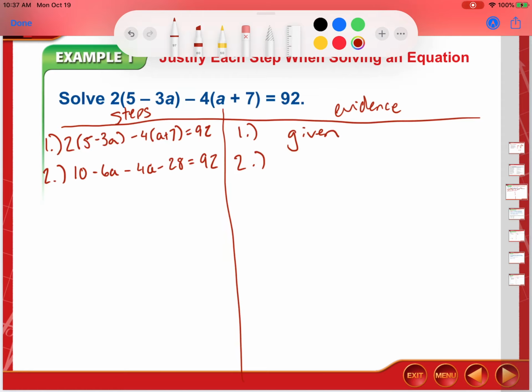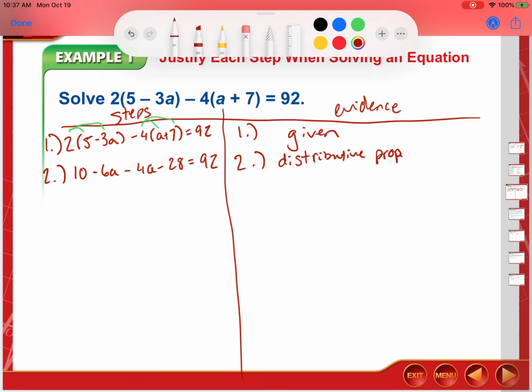So what I did there was I used the distributive property to distribute the 2 and distribute the -4 into those parentheses. So back on this right-hand side, I'm going to say distributive property. Abbreviating is totally okay here also, just for the record.